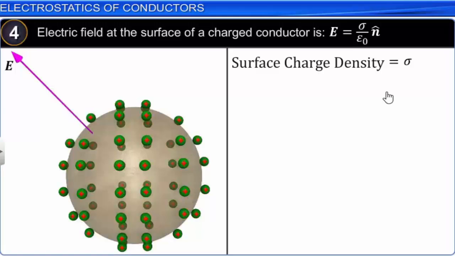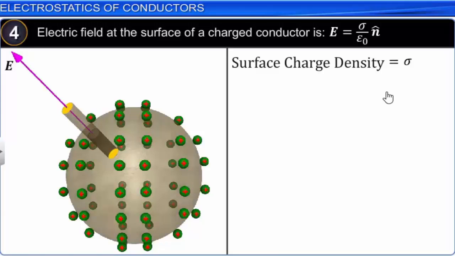Surface charge density is equal to the ratio of the total charge on the surface to its area. Let us consider a Gaussian surface in the shape of small cylinder, which is part inside the conductor and part outside the conductor, such that its flat faces are parallel to the surface of the conductor.